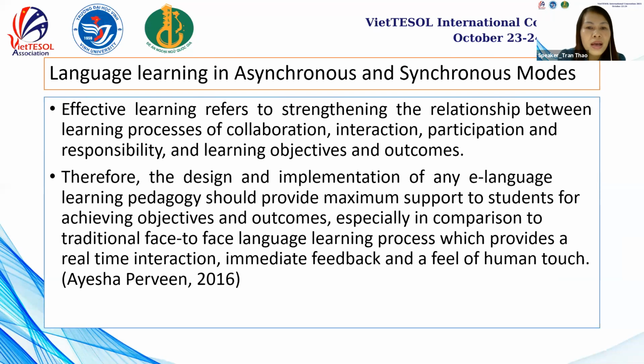Therefore, the design and implementation of any e-language learning pedagogy should provide maximum support to students for achieving objectives and outcomes, especially in comparison to the traditional face-to-face language learning process, which provides real-time interaction, immediate feedback, and a feel of human touch. That is a quote from Ausha per Vinh in 2016.